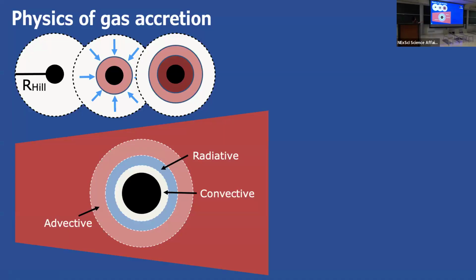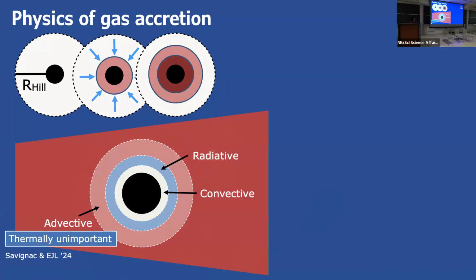The advective layer is where the disk gas comes in and cycles out within local orbital time. Now, it turns out that the outermost advective layer is thermally unimportant, and I'll describe in a bit why that is the case. But because of that, for now, let's just focus on the inner radiative and convective zones.